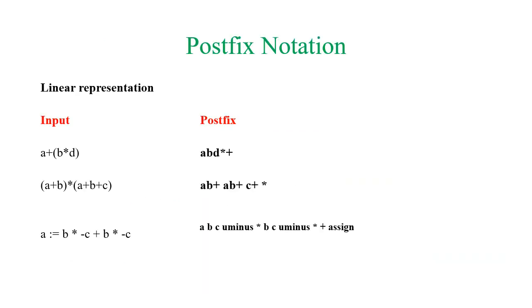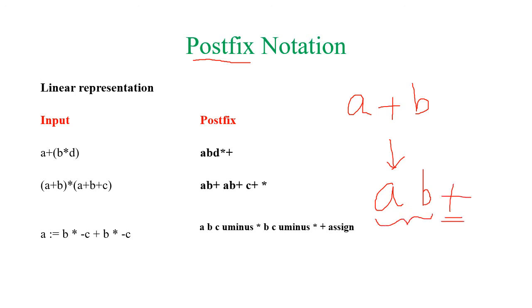Now let's see, the first method is postfix notation. This postfix notation you have already learned in your data structure course. That is, A plus B, which is infix notation, is converted into A B plus. That means the operands and then the operator.